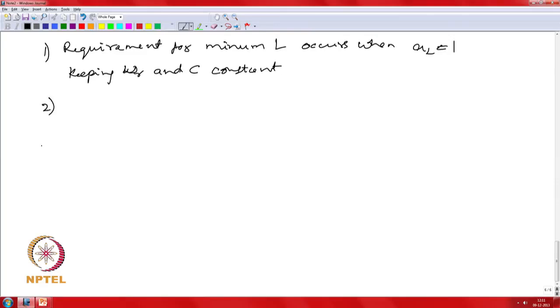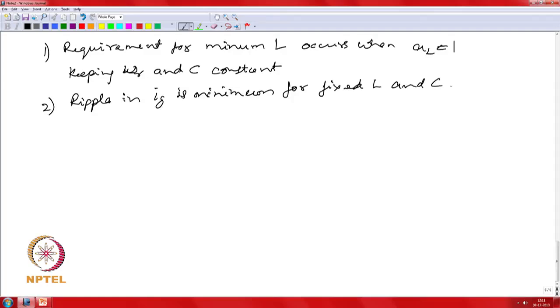Another property that you would observe is that the ripple in Ig is minimum, for fixed L and C, when AL is equal to 1.